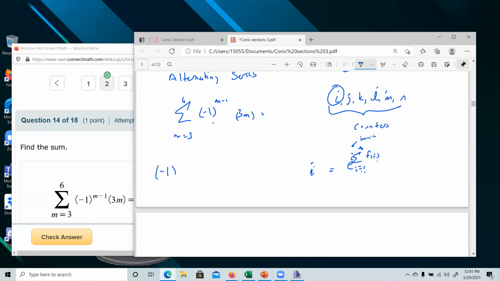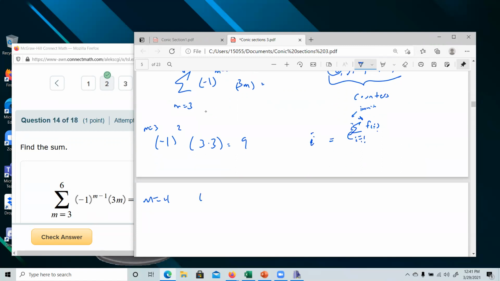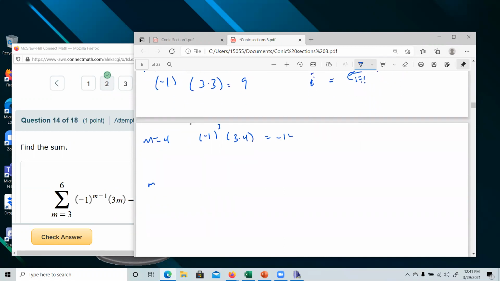So negative 1 to the m minus 1, so that's going to be 3 minus 1, that's going to be squared. And then we have 3 times 3, so that's going to be 9. That was m is equal to 3. m is equal to 4. Right, so we have negative 1 to the 4 minus 1, which is 3, and then we have 3 times 4, so we end up with negative 12. Okay, m is equal to 5.